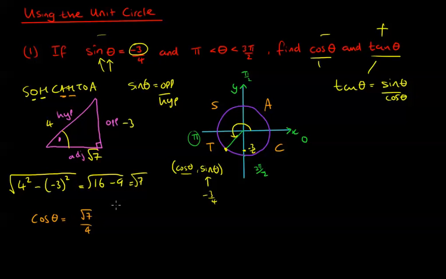And it kind of makes sense. Now, if you think about it, what we have here is a positive root 7 over 4. So if we start at the origin, remember the coordinate is cos theta, sine theta, but if our x component is root 7 over 4, that means from the origin we're going to be somewhere about here.